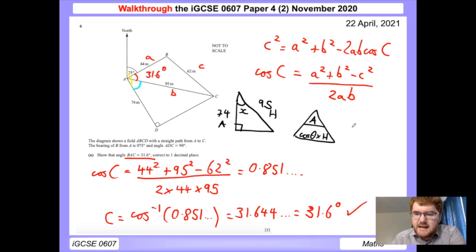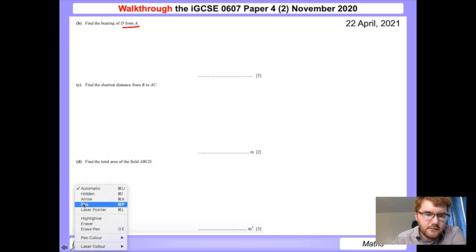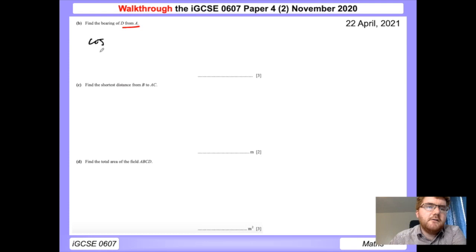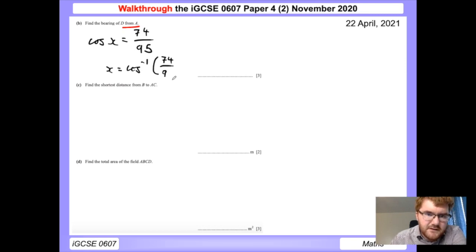We may not use formula triangles, but you'll see the next step is straightforward. So to work out the angle, cos theta or cos x is equal to adjacent over hypotenuse, 74 over 95. I'll change the variable to x. So x is going to equal the inverse cosine of 74 over 95.